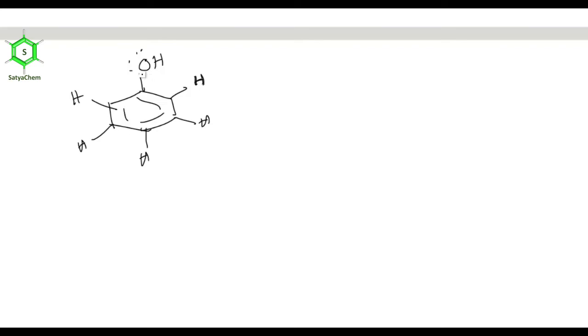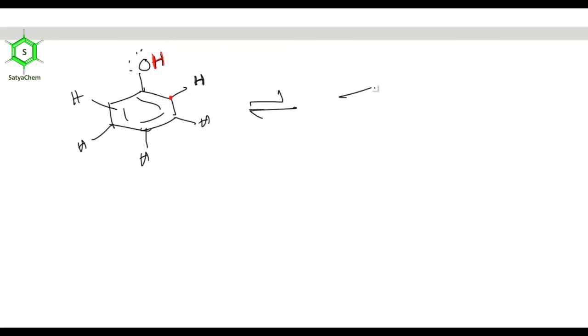I told you that keto-enol tautomerism is a 1,3 proton shift. Okay, see, this is 1 2 3. So this hydrogen gets shifted to this carbon. So keto form will be this.